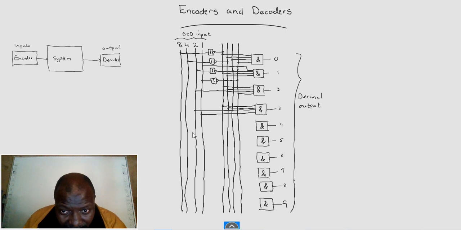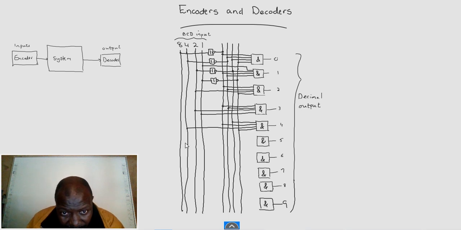So now, obviously, 4 will mean that the 8 has to be inverted. The 4 is direct. The 2 is inverted. And the 1 is inverted. That's 4 for you.